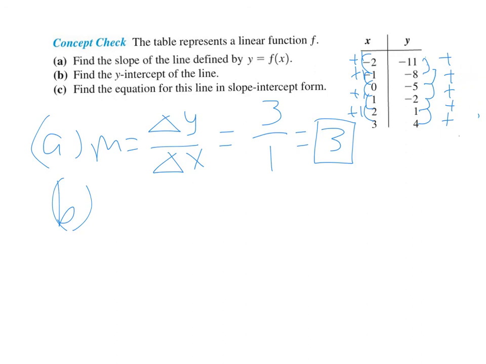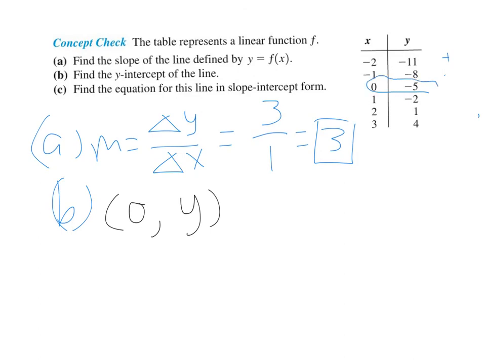Let me erase this stuff from the table so it'll be easier to read. Remember, our y-intercept is of the form 0 and then some number for the y-coordinate. So our y-intercept has a 0 for the x-coordinate, and if you notice, that would be right here. So our y-intercept is the point (0, negative 5).